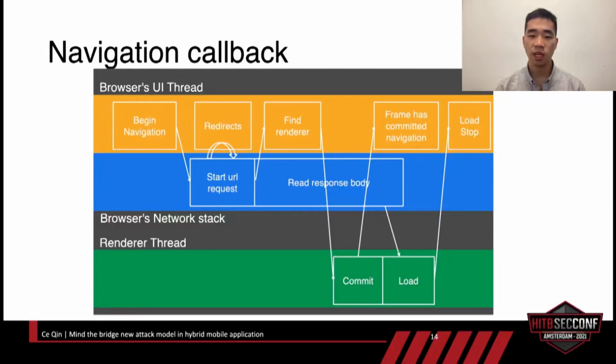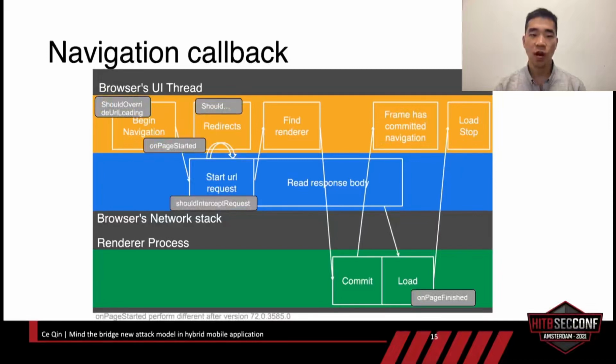After that, we tell the renderer to commit the new navigation and send back an ACK to the browser. At this point, the navigation is basically finished, but nothing is shown on the page yet. The next step is to read the response body and render it into a web page. Once that's done, it will let the browser know with another message, saying OK, stop load.